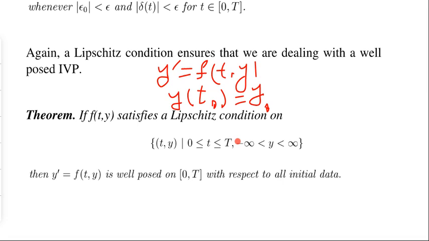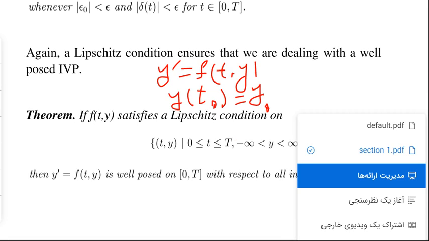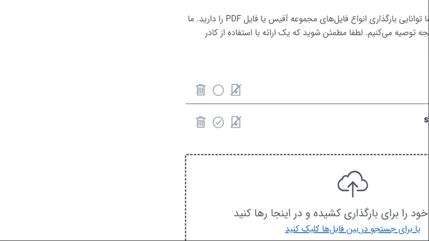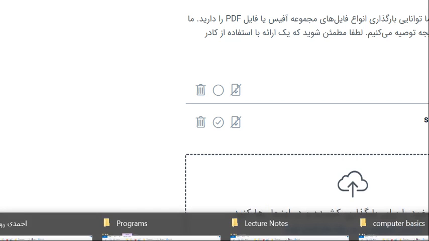This theorem is just for checking well-posedness. Okay, these are our contents for the concept of stability that we defined in this session.